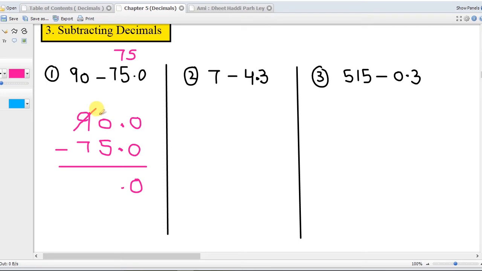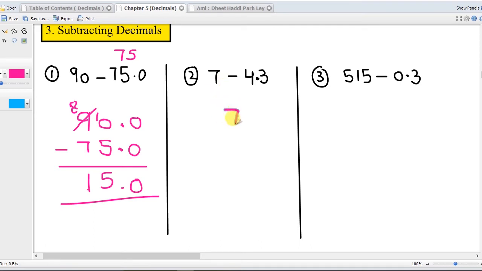We take borrow from this 9, so this number will become 8, and the number we have taken as borrow will be written here. So now this number becomes 10. 10 take away 5 is 5, and 8 take away 7 is 1. So our final answer is 90 take away 75 is 15 or 15.0.